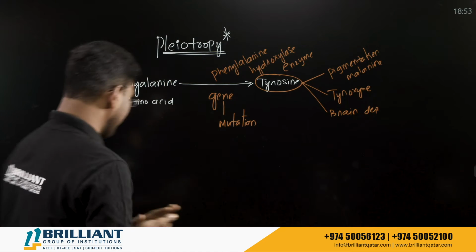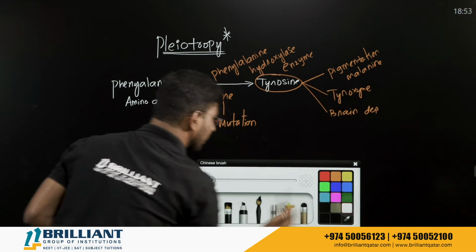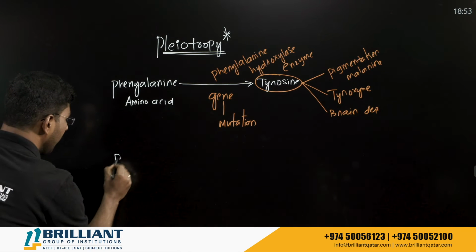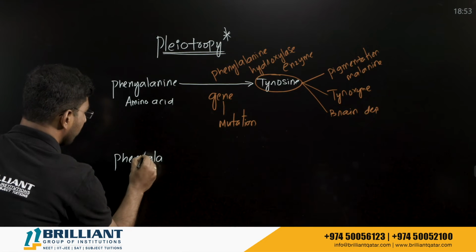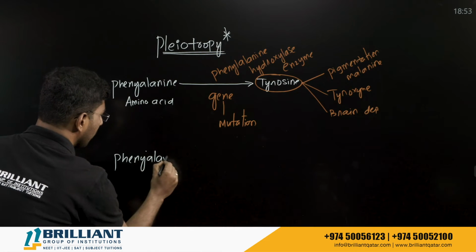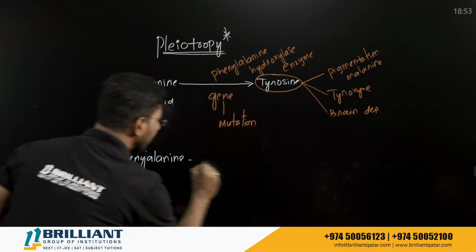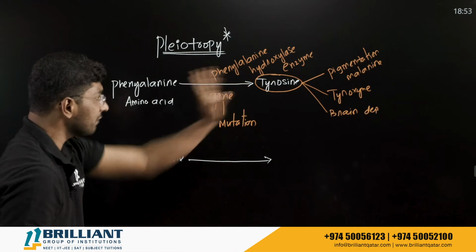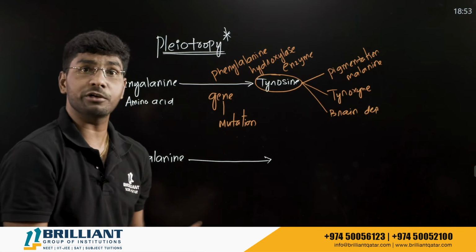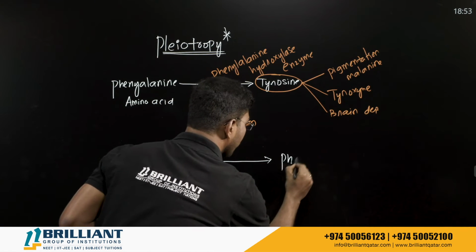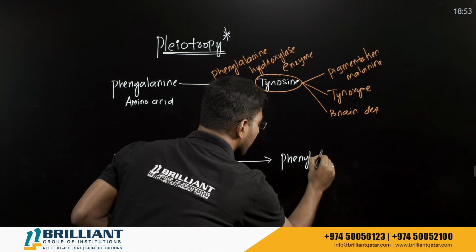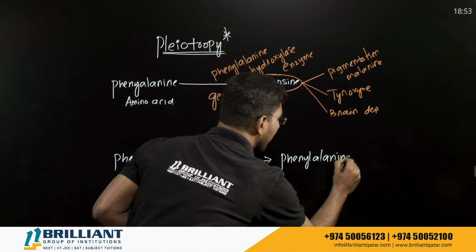So let me write the next reaction. Phenylalanine amino acid will not convert into tyrosine, but it will convert into phenylalanine pyruvic acid.